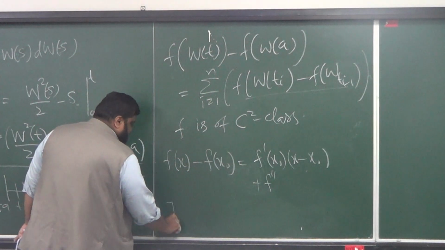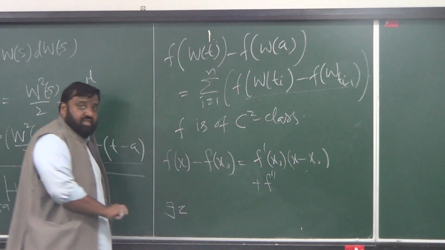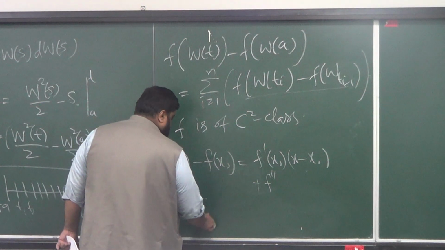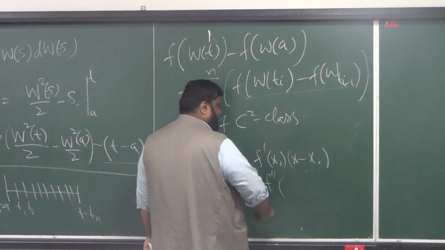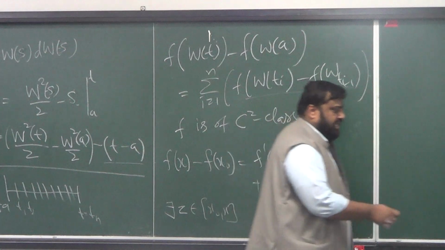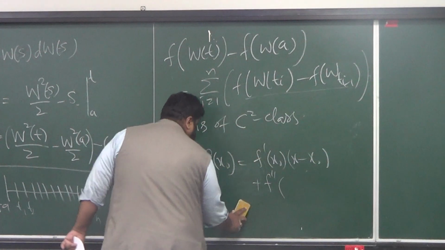The remainder term would be that there exists a point, for example z, between x naught and x, such that it is f double prime of z. Let me write more explicitly how this z is expressed in terms of x and x naught.